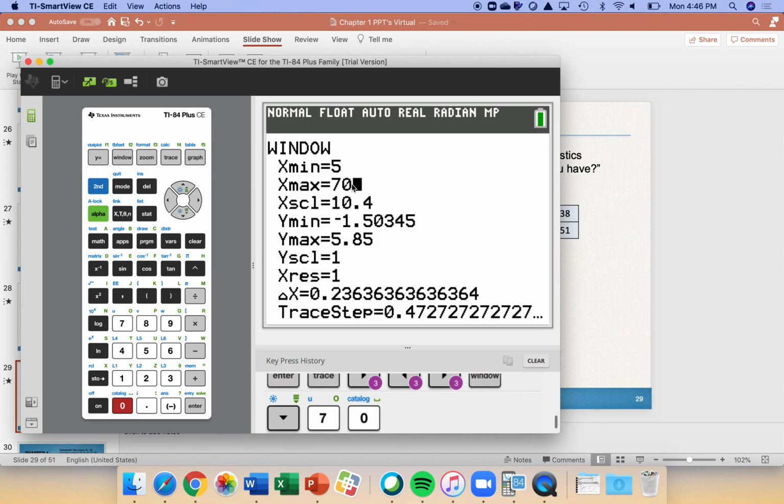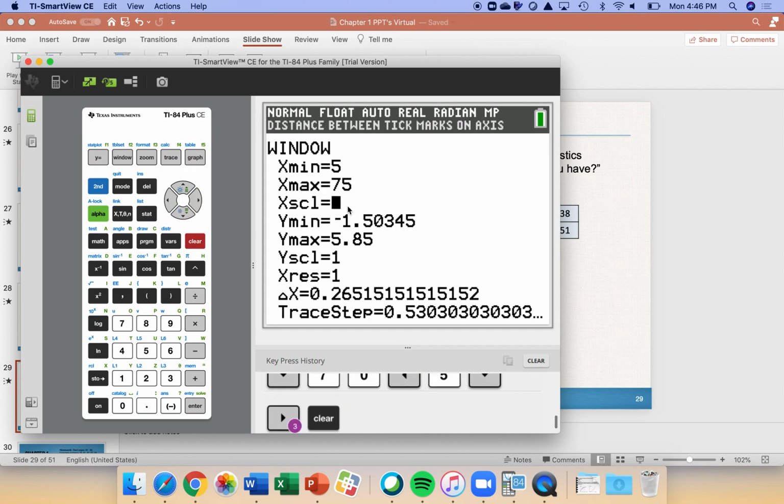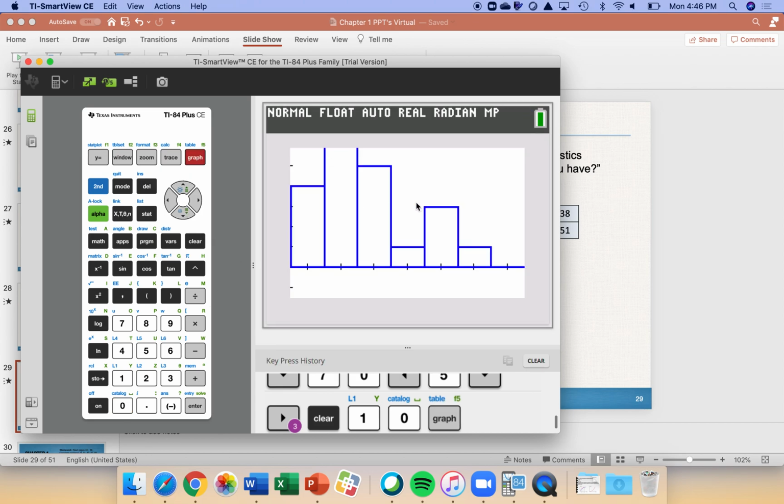Actually, let's go to 75. And my X scale, which currently is 10.4, let's make it, I don't know, 10. Now this is the width of each of my X values. Okay, so when I hit graph, it looks a little different.